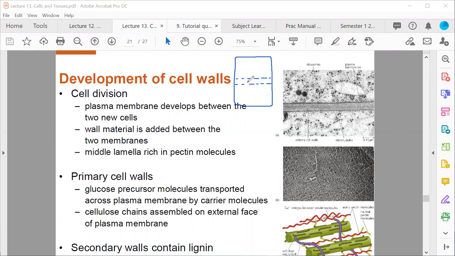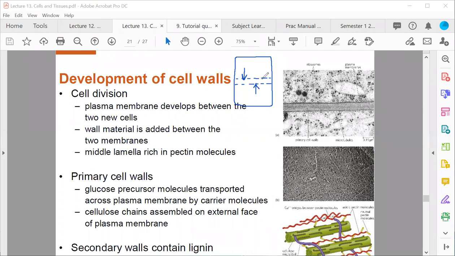And the way it does this is that it transports glucose precursors into that area, and then the glucose precursors are assembled into cellulose within that region to form the new cell wall.